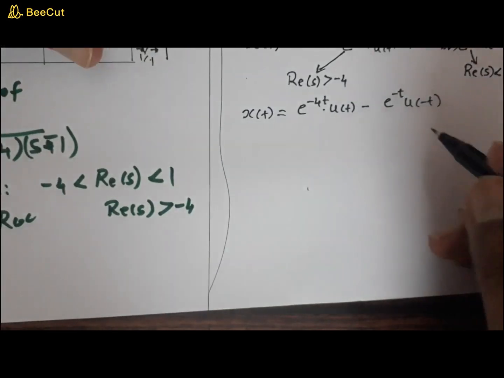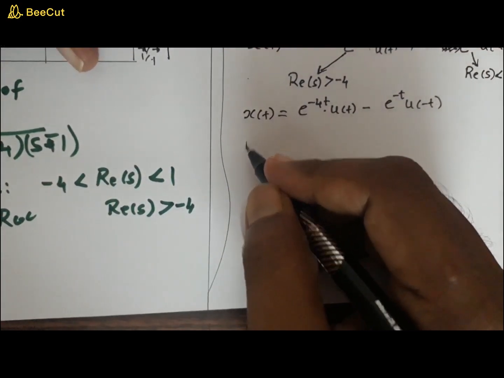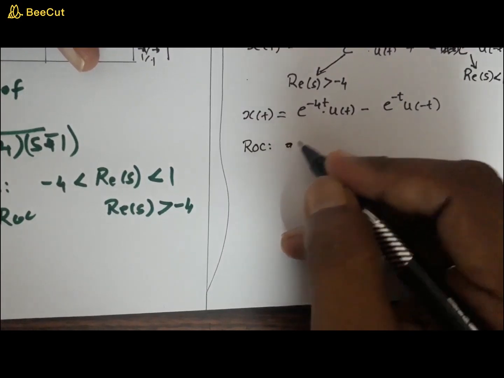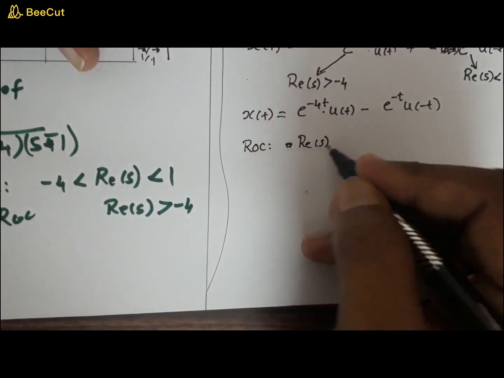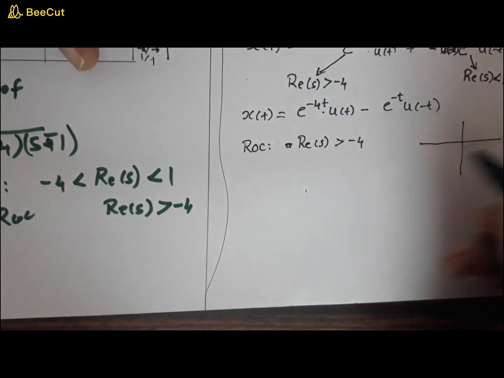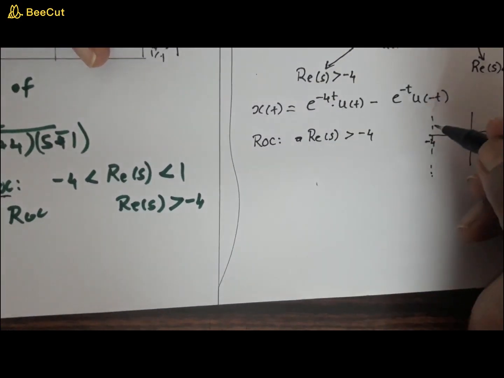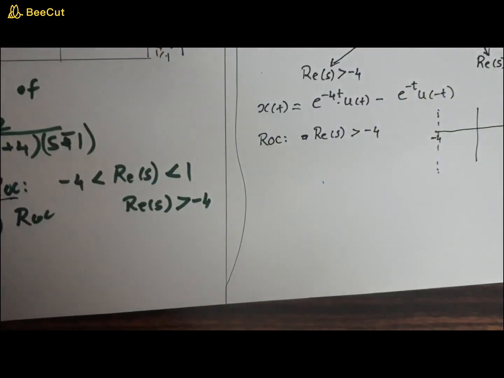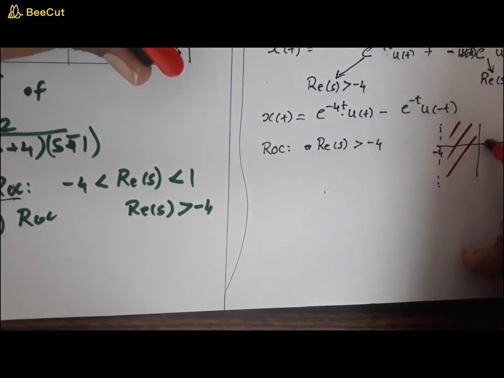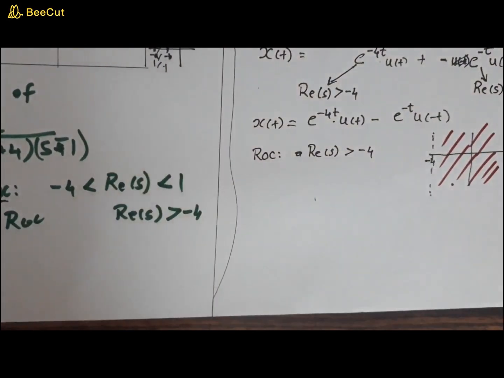So let me try to draw the figure of that. ROC is real of s greater than minus 4. Now how to plot that? This will be minus 4, right? ROC greater than minus 4 means the region will be the whole of the right half of this plane. And what is the meaning of this question?